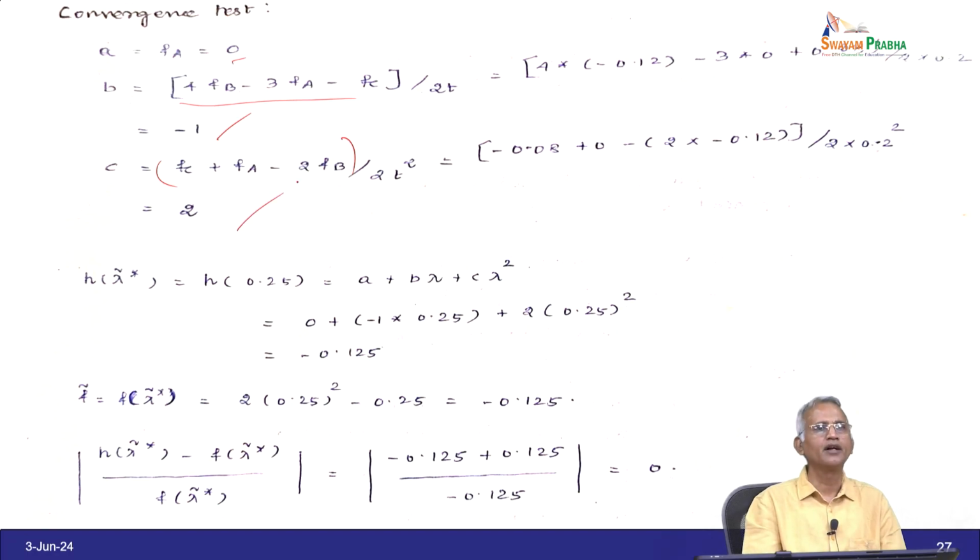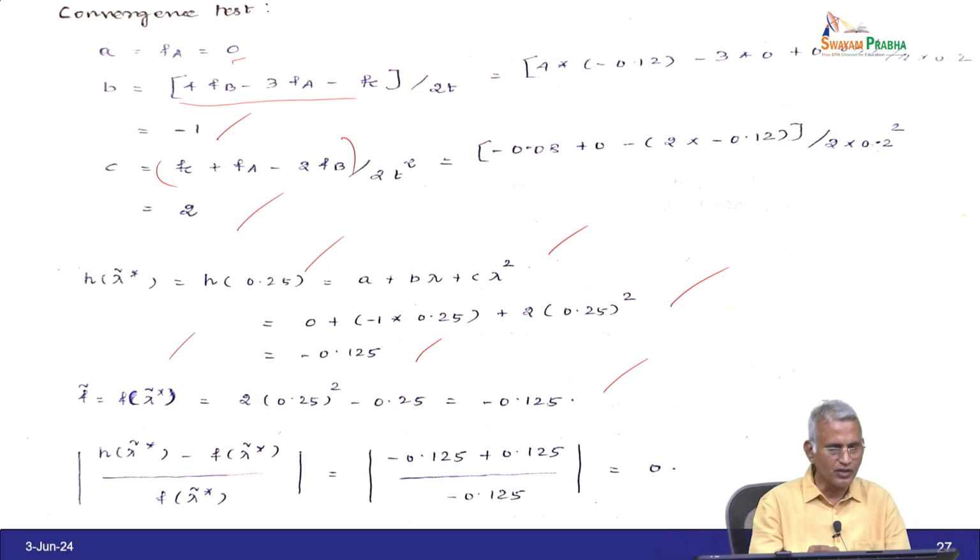Now, H of lambda star tilde equal to H of 0.25, which is equal to A plus B lambda plus C lambda square. Lambda equal to 0.25, A is 0, B is minus 1, C is 2, substitute it. So, that H of 0.25 equal to minus 0.125. Therefore, F tilde equal to 2 into 0.25 the whole square minus 0.25 equal to minus 0.125.